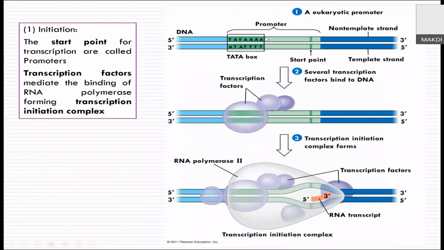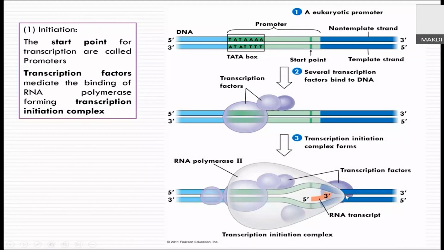This is the same as the video just now. Initiation: we have a promoter. The promoter's characteristic is that it has a TATA box. So transcription factors bind, and then RNA polymerase binds with the help of transcription initiation factors. Once it binds, it starts transcribing.